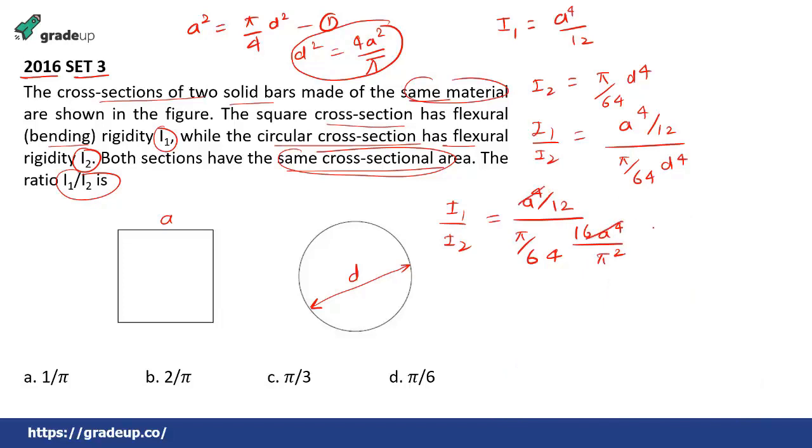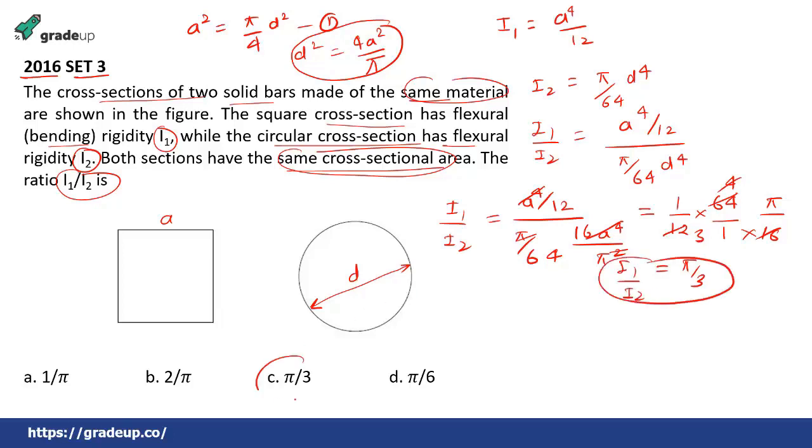So A to the power 4 gets cancelled, one pi gets cancelled, and we are left with 1 by 12 into 64 by 16 by pi. This goes 4 times, this goes 3 times, so we are left with pi by 3. So I1 by I2 is pi by 3. The correct option is option C.